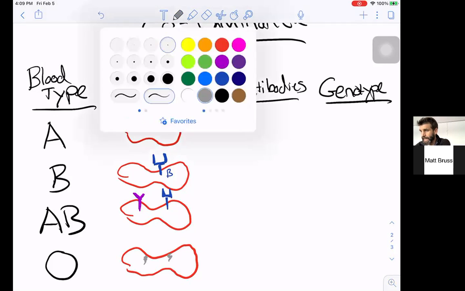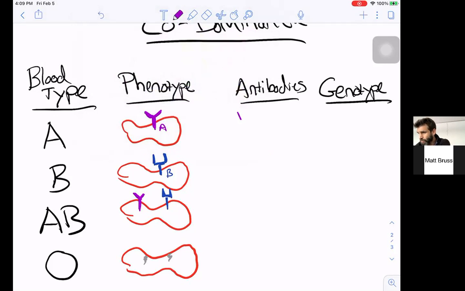Of the possible antibodies that you could have, you have many, but let's just focus on the ones that could recognize our own red blood cells. I'm drawing this as a triangle as if it would fit into the A protein on the red blood cell. So you could have the A antibody, or you could have the B antibody.